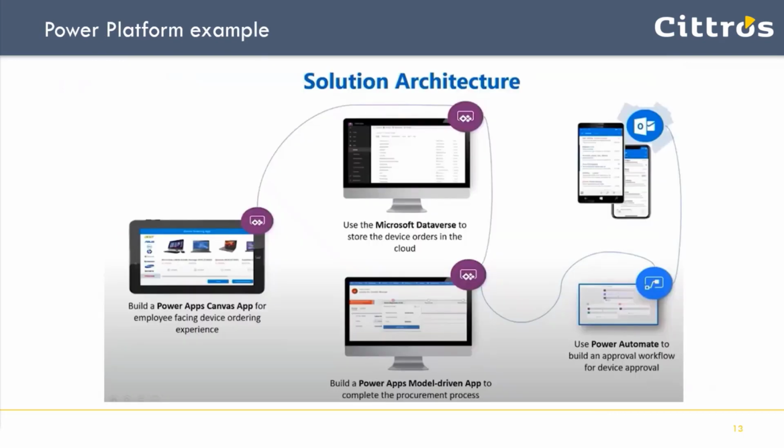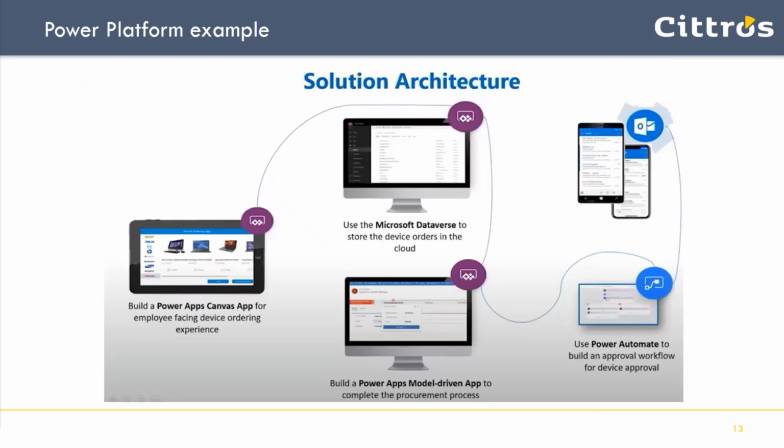Here on the screen, I want to demonstrate how we can use these different components in one solution. Let's imagine an ordering process. We start from building up a canvas app for the users to place their order. That order then is sent and stored in Microsoft Dataverse in the cloud.